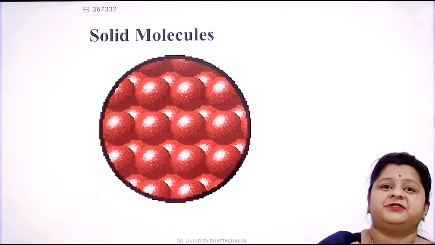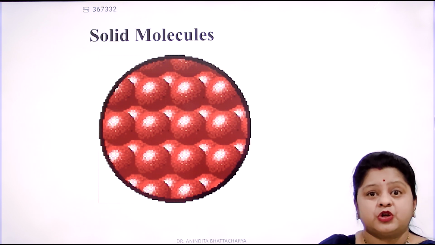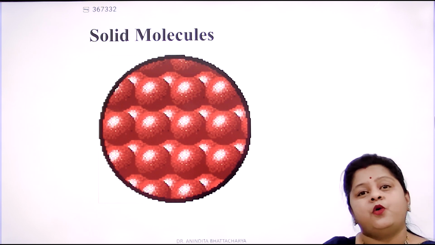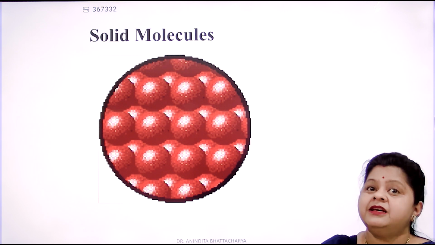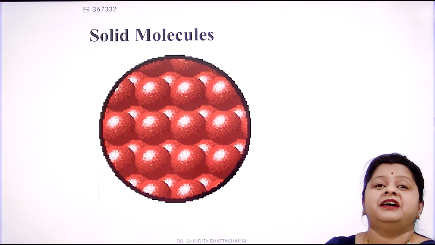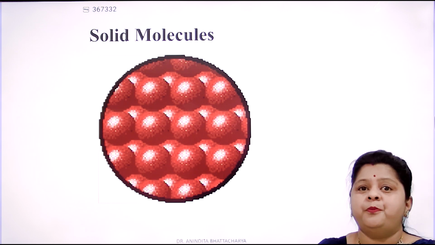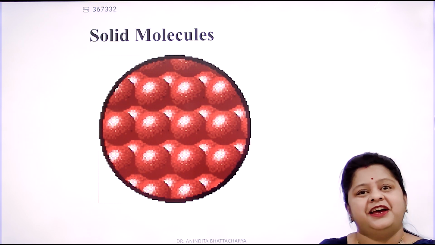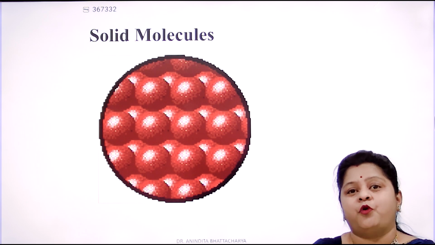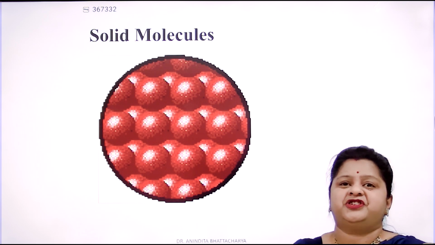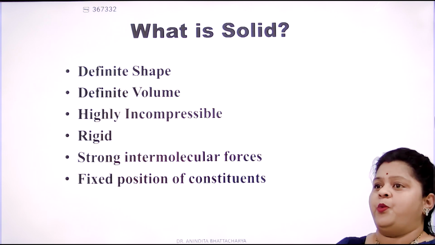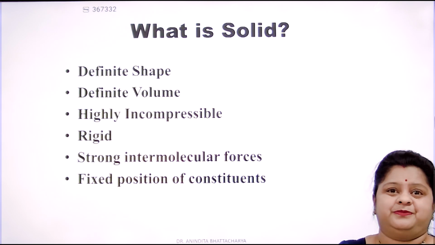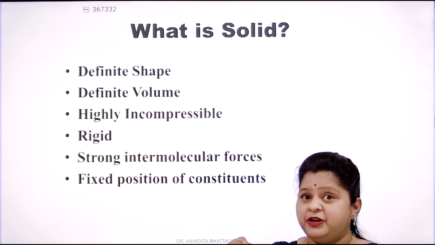And that is the reason that all solids have a definite shape and a definite volume, whereas liquids have definite volume but no definite shape, and gases have neither definite volume nor definite shape. Now, if we move ahead, what is a solid?